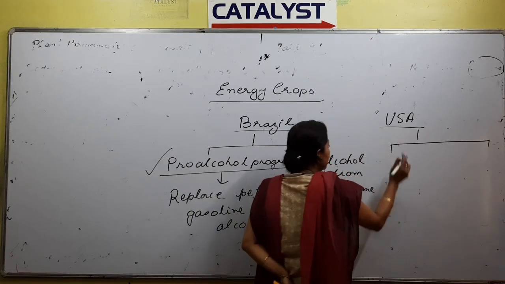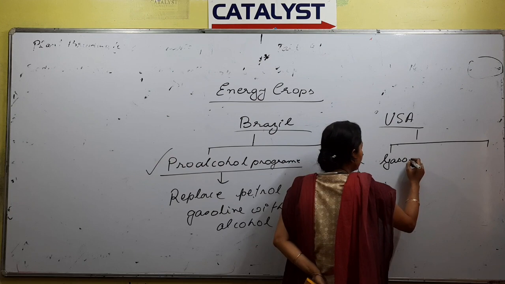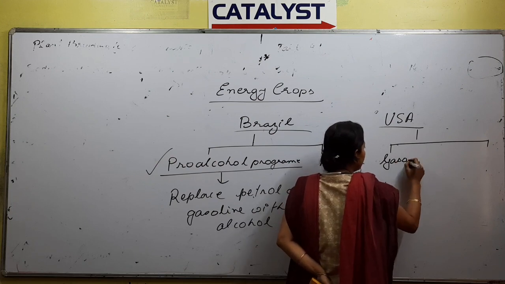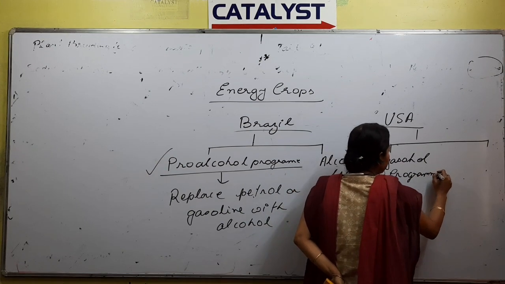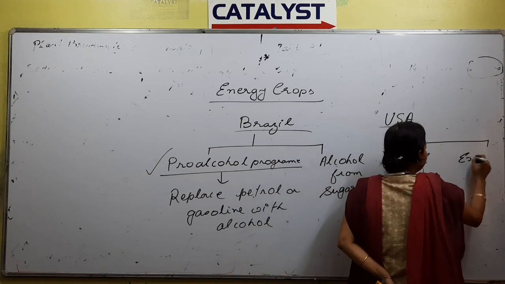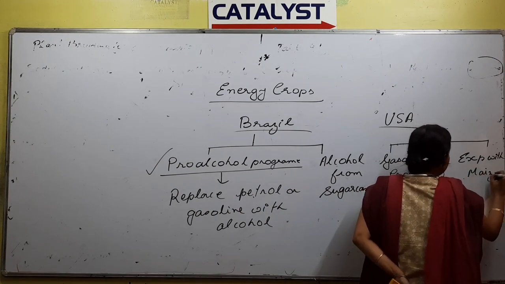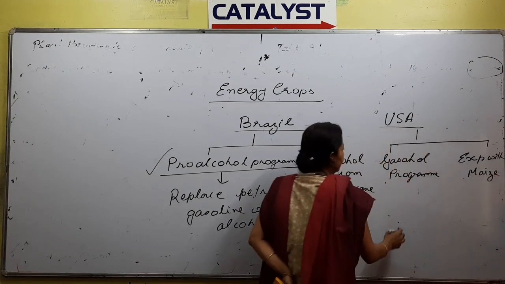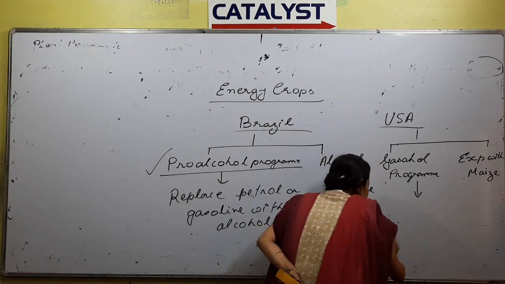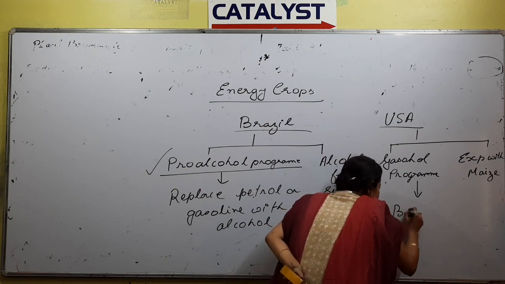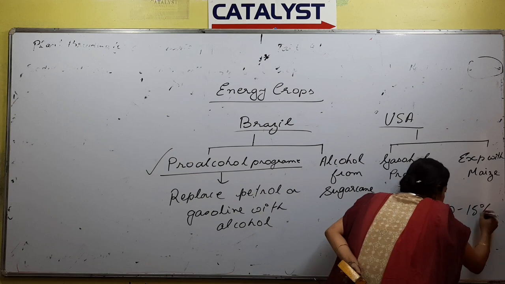They have a program called the gasohol program, and they are experimenting with the plant maize to extract alcohol. And within this program they are trying to blend 10 to 15% of alcohol with petrol.